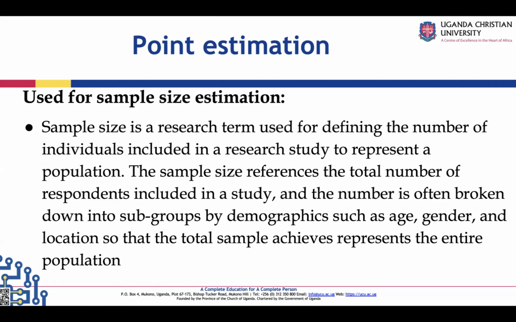How do we then estimate what is the right sample size? There are aspects of point estimation, because sample size is very, very key in statistics. It can make or break the end result and the accuracy of your statistics, okay?